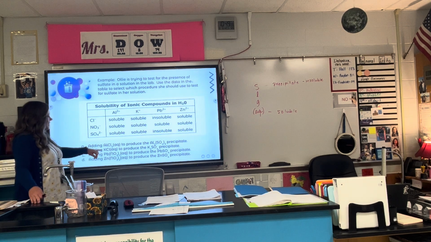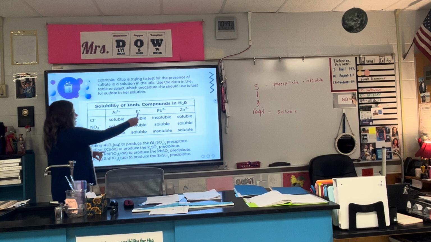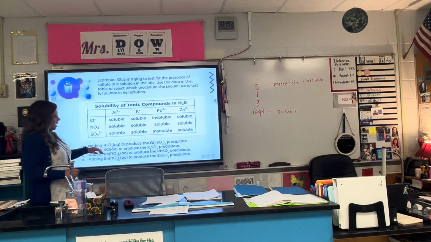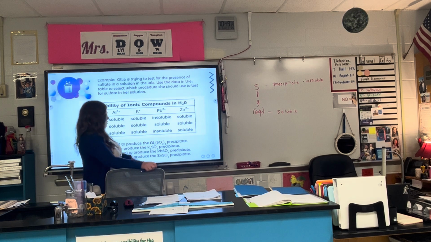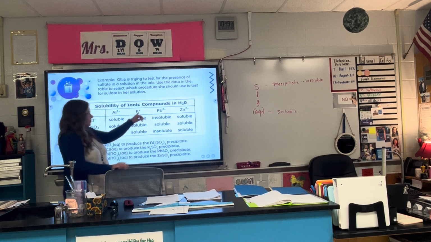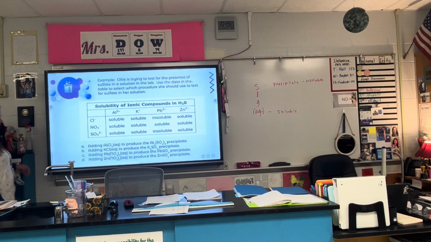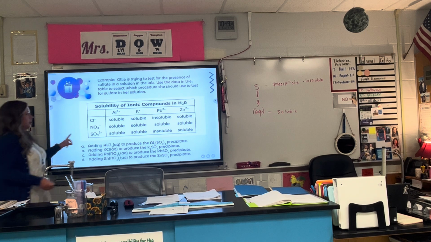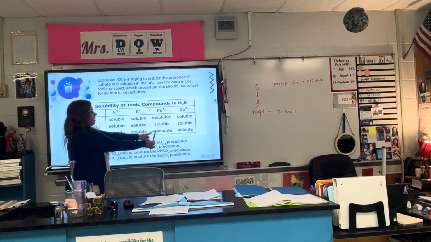It says adding potassium chloride, so potassium chloride, soluble, to produce potassium sulfate precipitate. That doesn't work. Both are soluble, it's not going to do anything. Next, adding lead nitrate to produce lead sulfate. That works, because I'm just following the chart, it makes it insoluble.